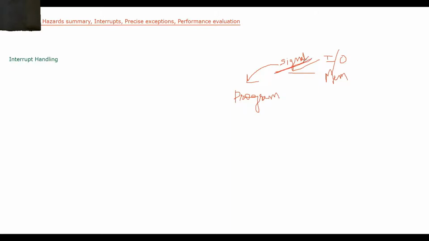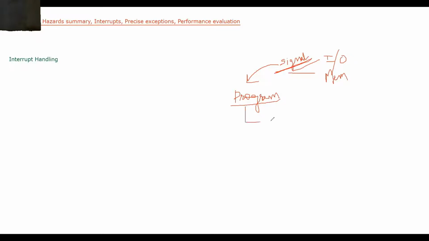Whatever may be the signal. For example, if I am pressing a key on the keyboard, the signal may be the name of that key. If I am pressing S, then a signal will go which represents that the key S has been pressed, and based on the signal a specific program will be run.